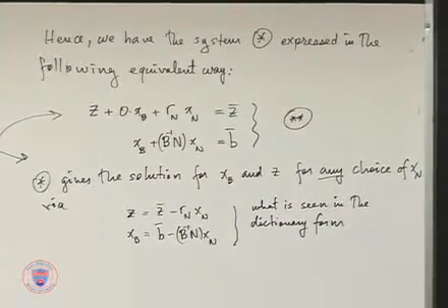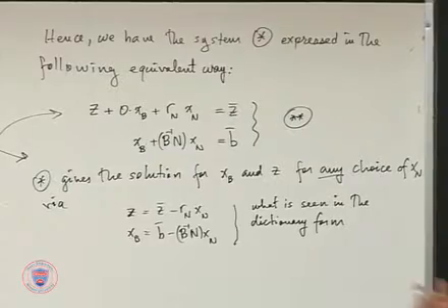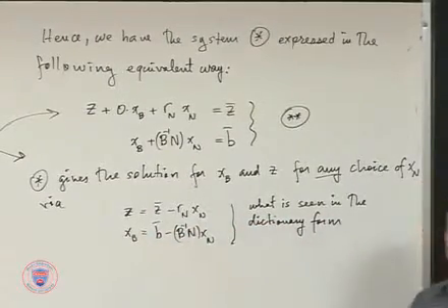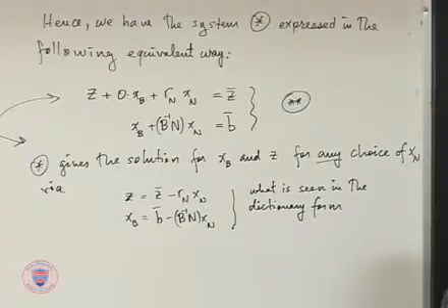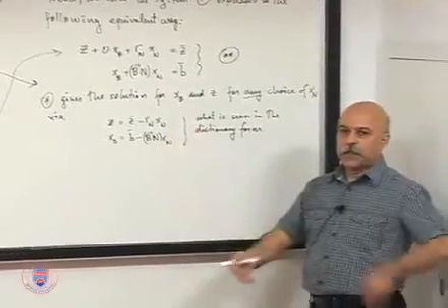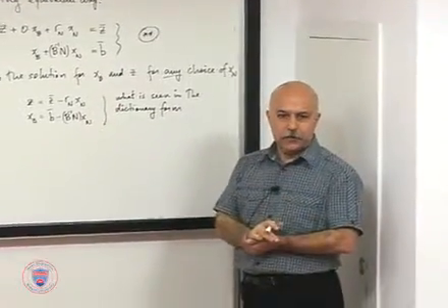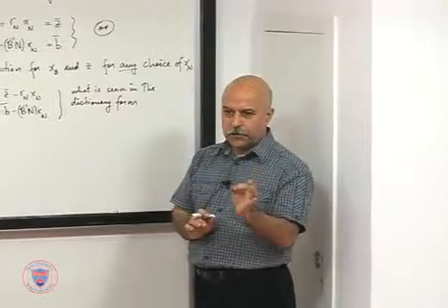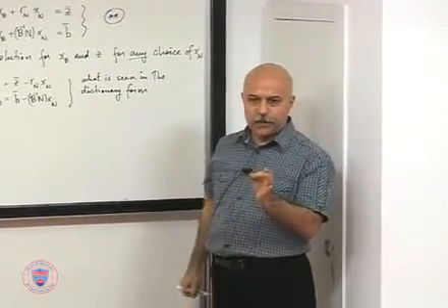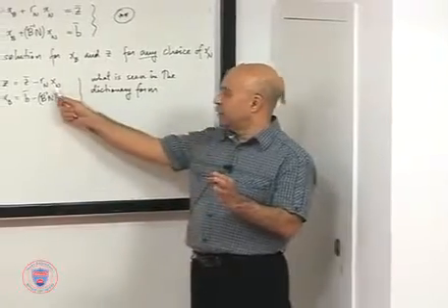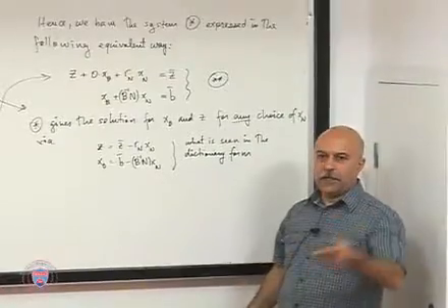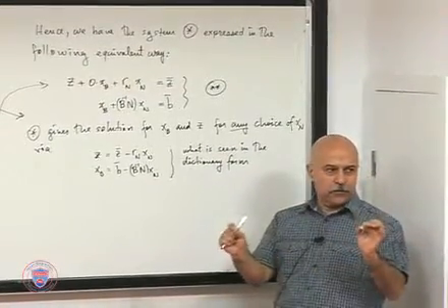So now our interest is the following. Since this gives the dependence of z and xb on the choice of xn, of course, what we want to investigate is whether it is possible to improve the objective function value from the current value z bar downwards. I'm minimizing, so I want to go down, okay? By making xn deviate from its current value, which is all zeros.